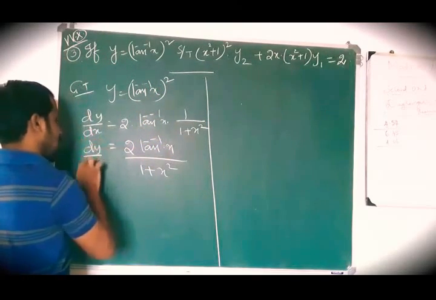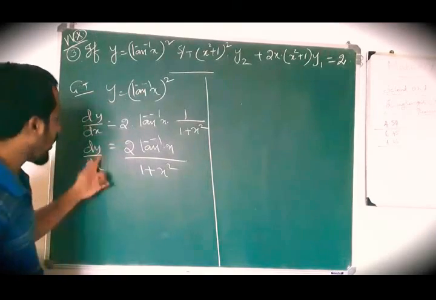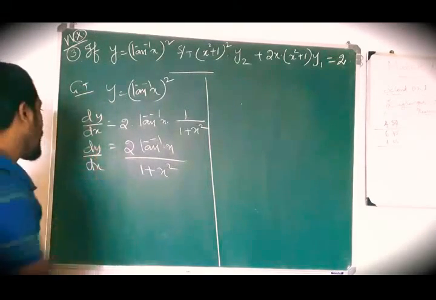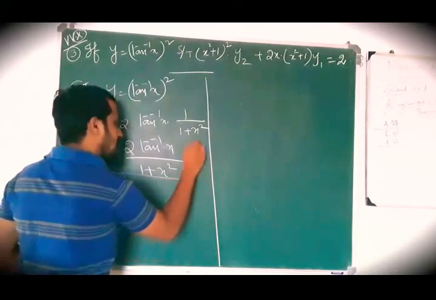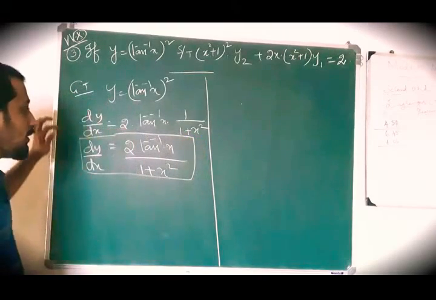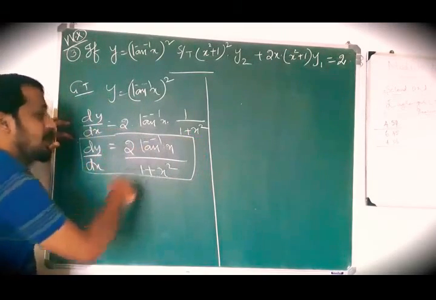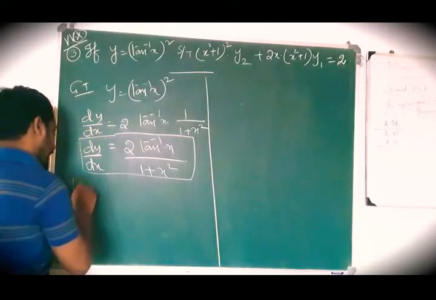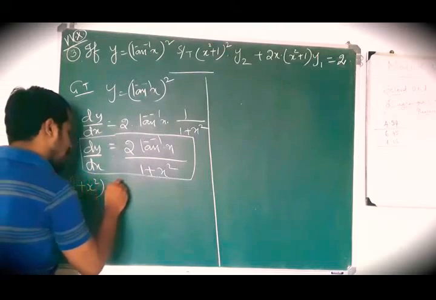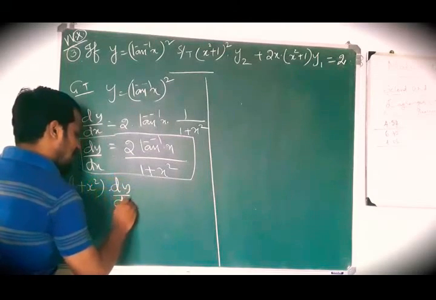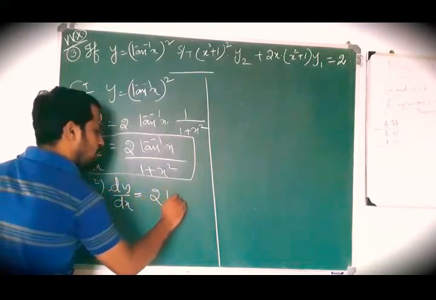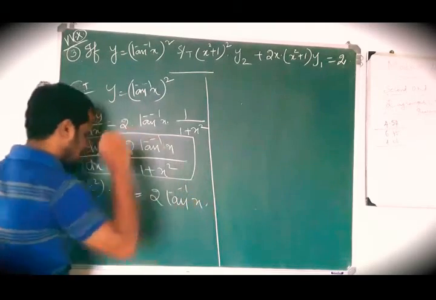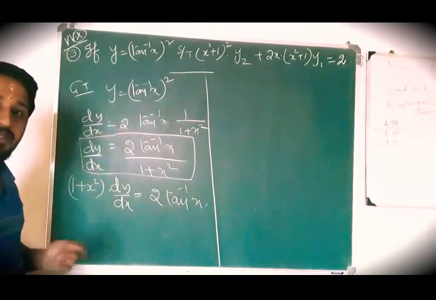That is nothing but dy by dx or y1 or y dash. If I am multiplying over here, 1 plus x square into dy by dx is equal to 2 tan inverse x.